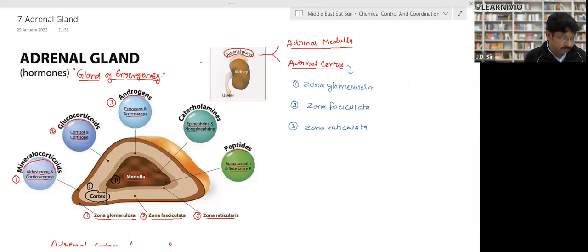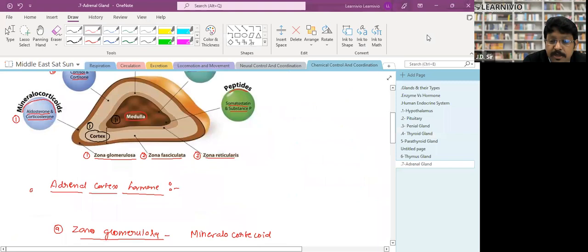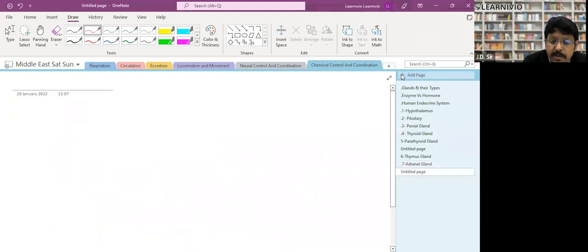Yes, pancreas. As per NCERT, I am following the sequence of NCERT only. So in NCERT, the next gland is the pancreas. So put the heading pancreas. We have studied the pancreas gland in the digestive part, with the perspective of digestion.